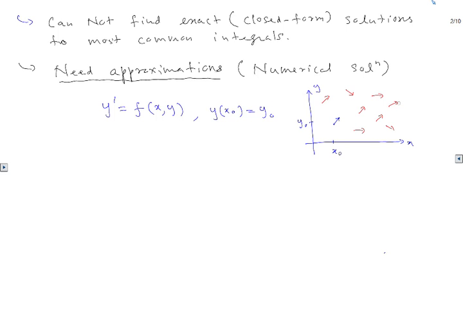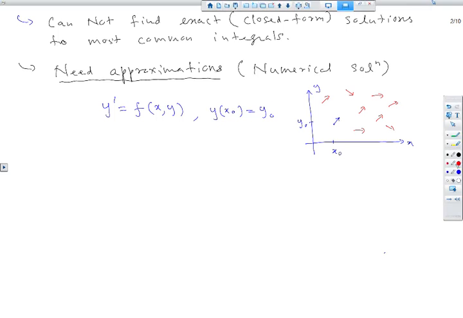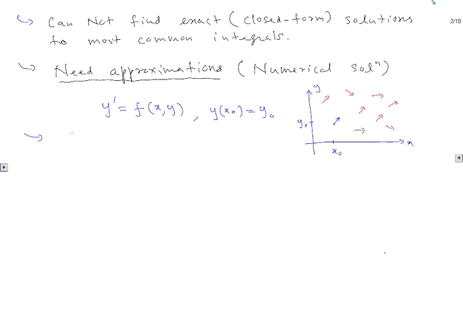There are several answers. Yes, we can find the solution, and what we're going to learn here is the most common, or the easiest one, called Euler's method. That's the easiest. Euler's, like oil.